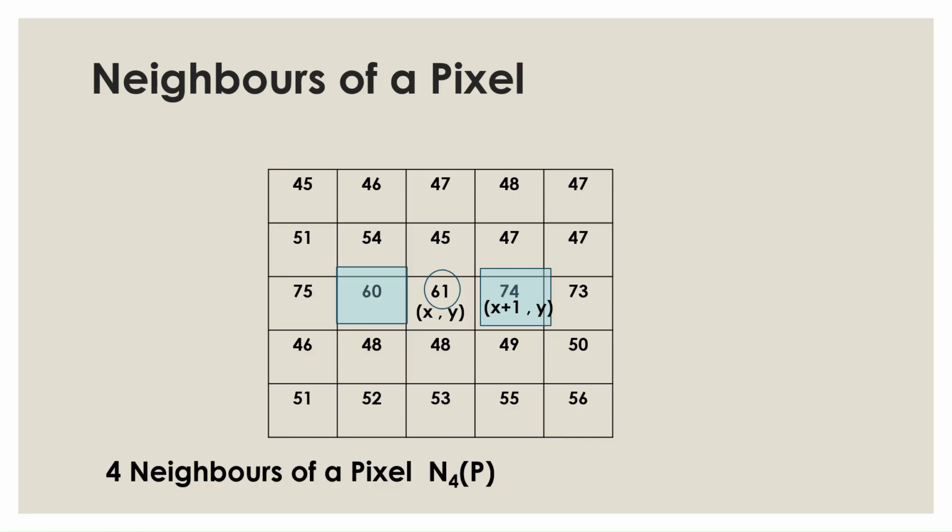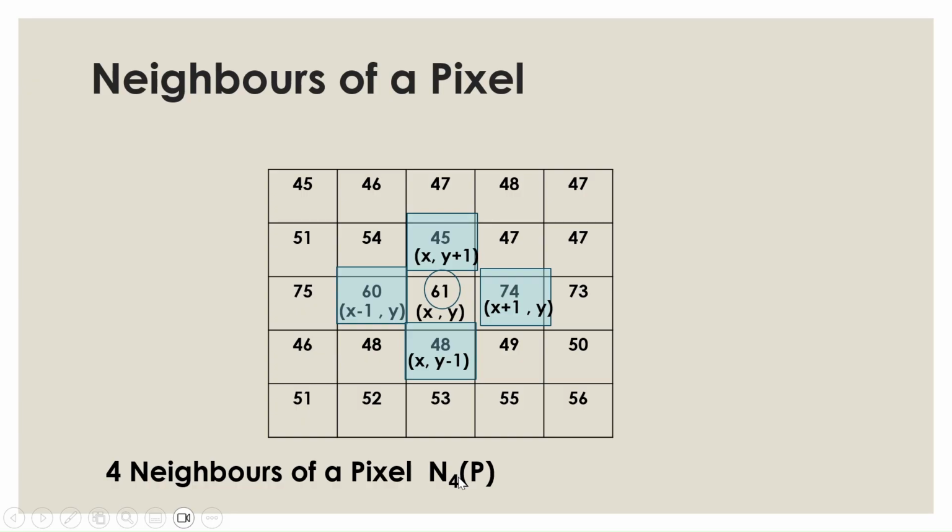Let us represent this pixel with the values X minus 1 and Y. So the top pixel is represented as X comma Y plus 1 and the bottom pixel is represented as X comma Y minus 1. So the pixels which are present on the left side, right side, top and the bottom, all these pixels together are called as 4 neighbors of a pixel. So they are represented with N4 of P.